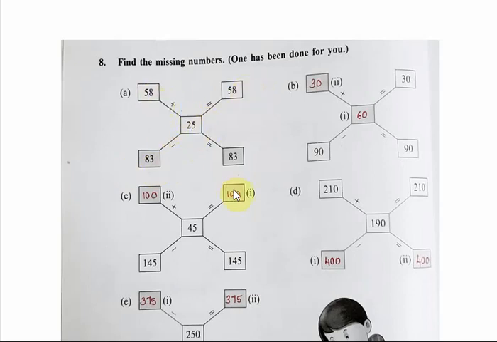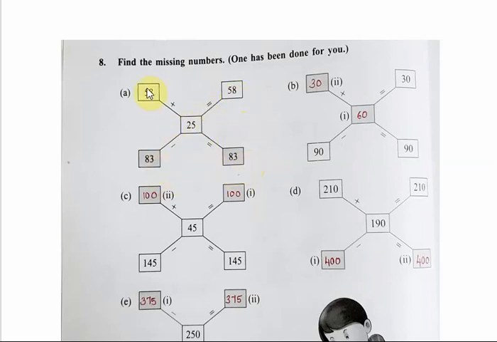See here, one is plus and another is minus. There is a common thing here. The three numbers are the same, but the order is different in both cases. In addition and subtraction, all the three numbers given, that is 58, 25 and 83, are the same. 58 plus 25 will give you 83, and 83 minus 25 will give you 58.